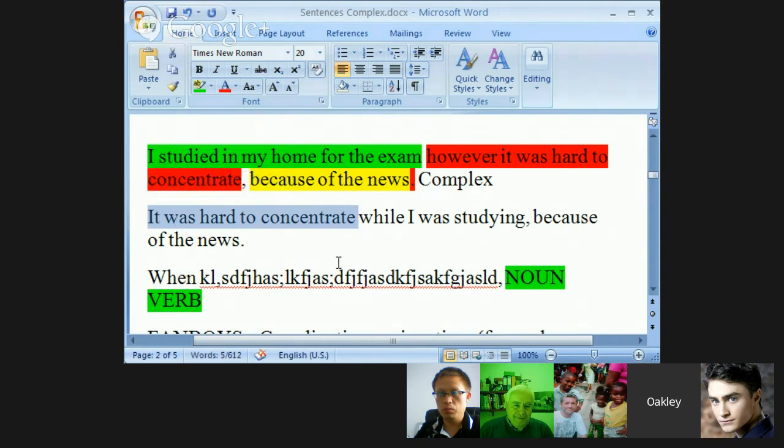But that's okay, I guess that's our point of contention. Mustafa thinks it's important to express the idea that he was studying, and you think it's more important to arrange this sentence this way. So it doesn't matter.